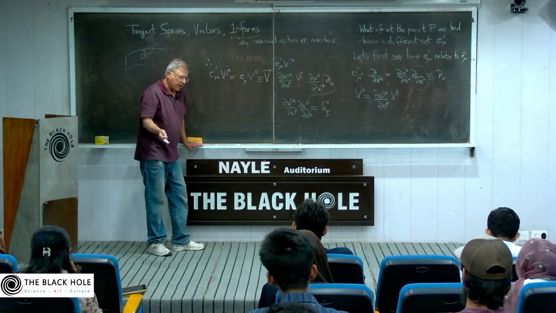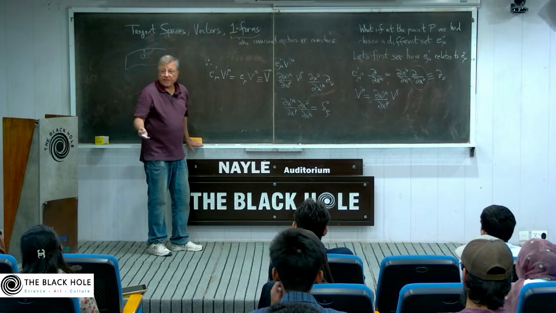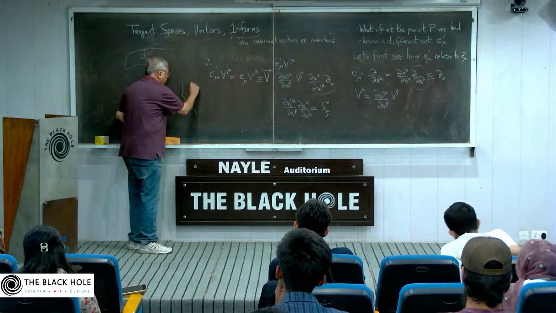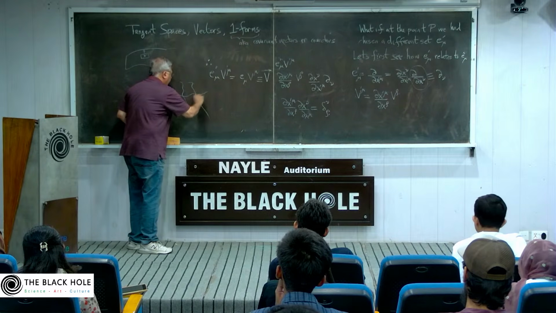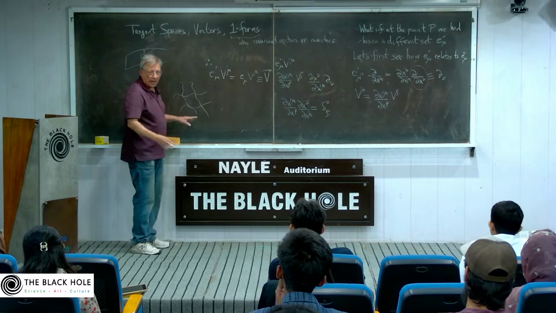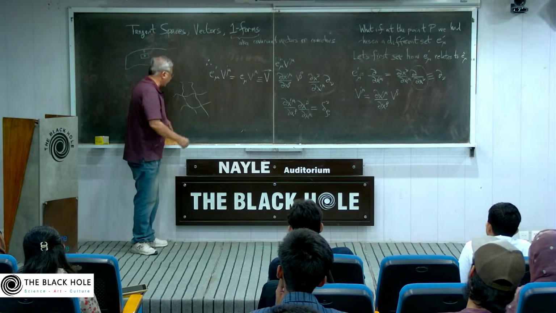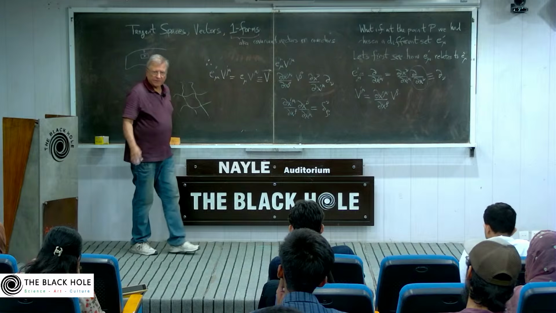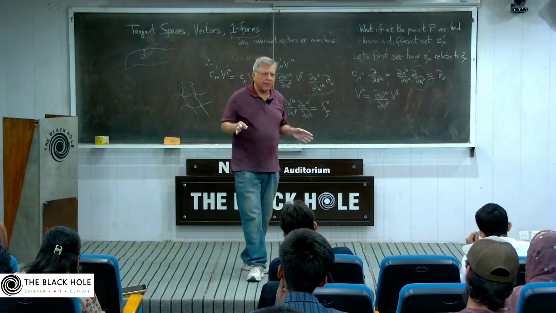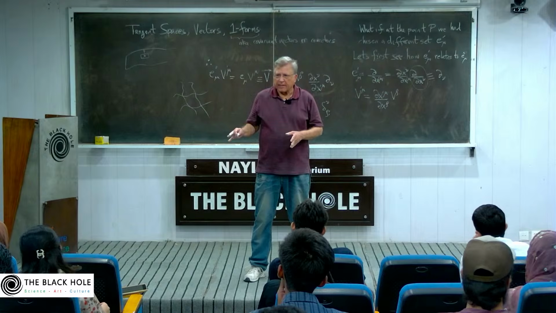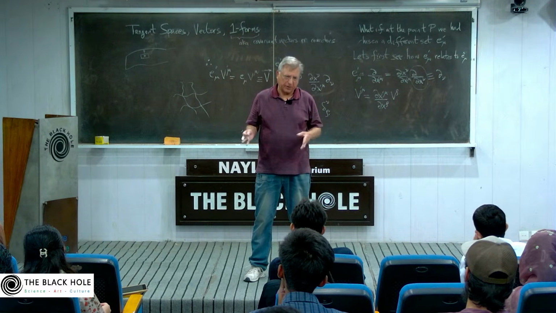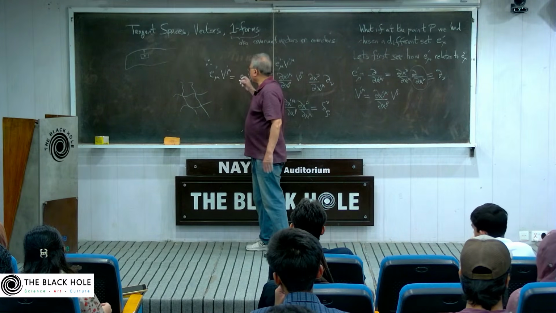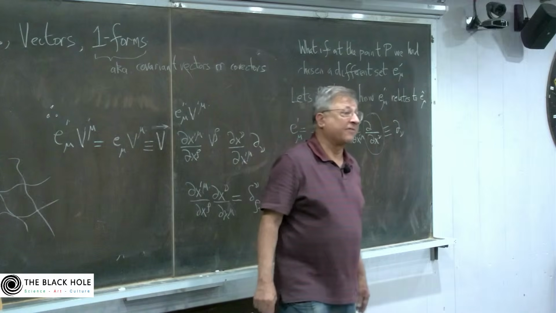I have gone from Cartesian to polar, or I could have used coordinates that are highly twisted, but every point over here can be described equally well in the xy or the x prime y prime coordinates. And so this is really the modern way in which you look at vectors.